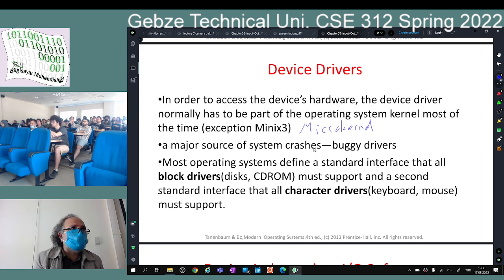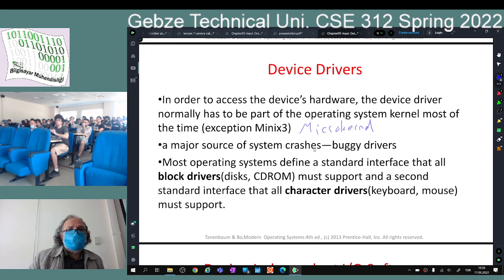They cannot program the MMU, they cannot program DMA, they cannot program the interrupt controllers, and so on. So they are not part of the operating system in the kernel mode. That's why Minix says the I/O drivers are not part of the kernel of the operating system. They will run outside of the kernel.